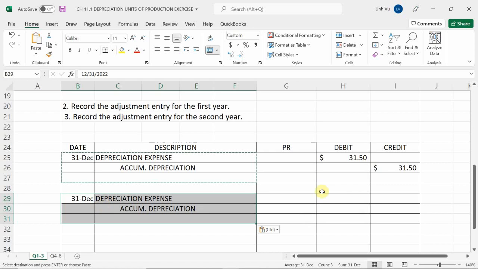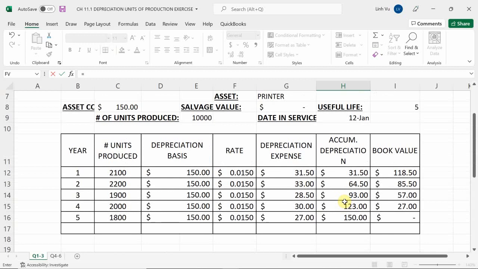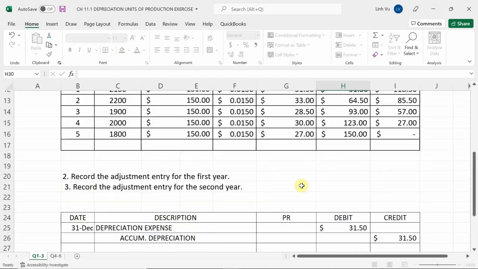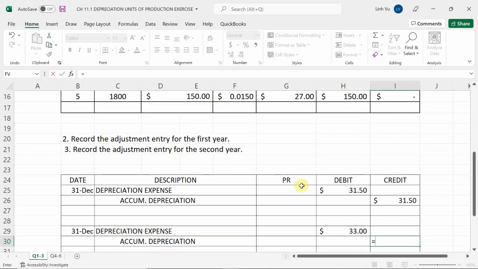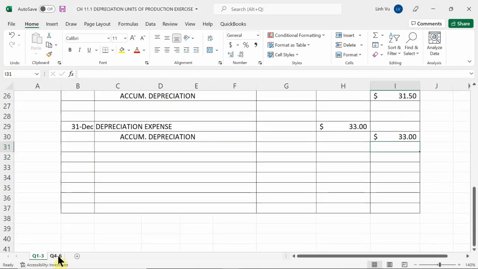The only difference is the number's different. What's my depreciation expense for the second year? $33. Good. Okay. Excellent. All right. So let's move on to the next question here.